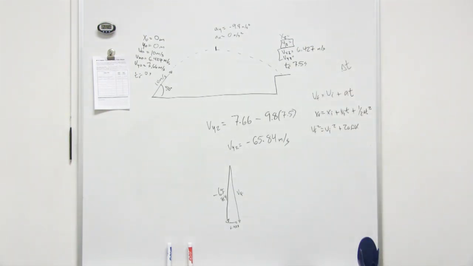So this squared, plus 6.427 squared. Okay, so I got 65.525.